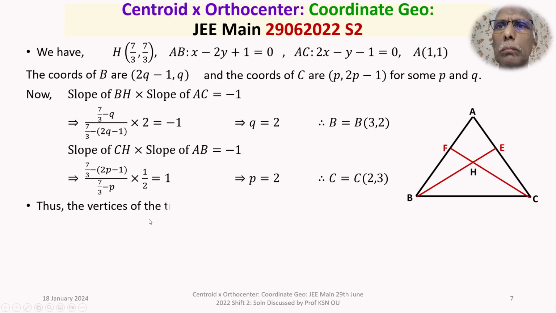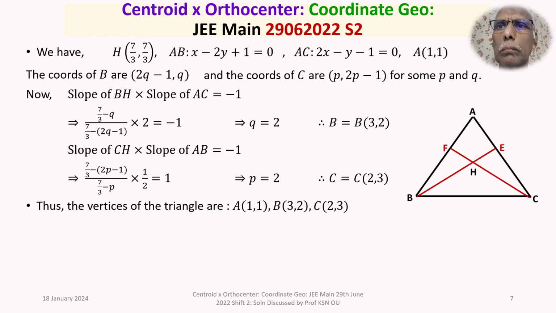Thus, the vertices of the triangle are A with coordinates 1, 1, B with coordinates 3, 2, C with coordinates 2, 3. And once we know the coordinates of the vertices, we have the formula for finding the centroid.